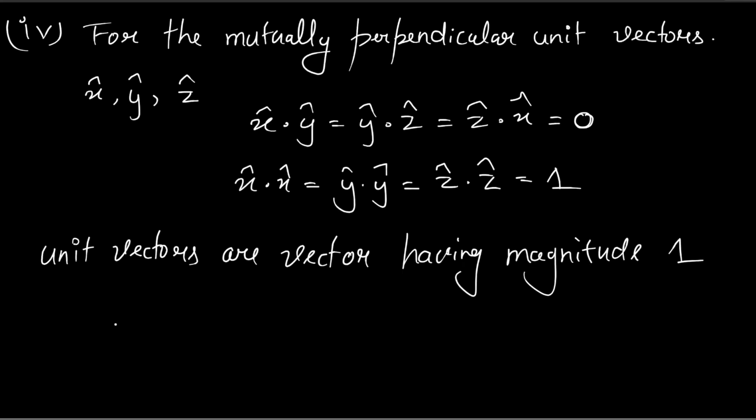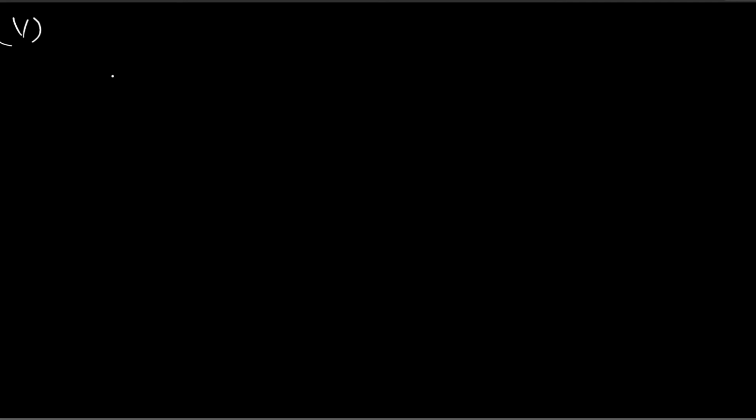Okay, and unit vectors are represented by the cap. If you find out the magnitude of these unit vectors, it comes out to be 1, because they are unit vectors, only then we say the name unit vector.